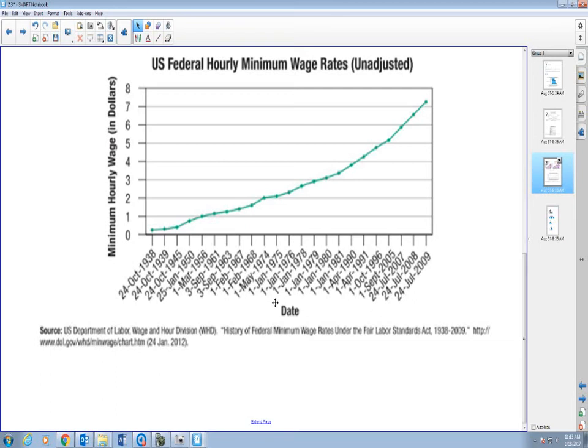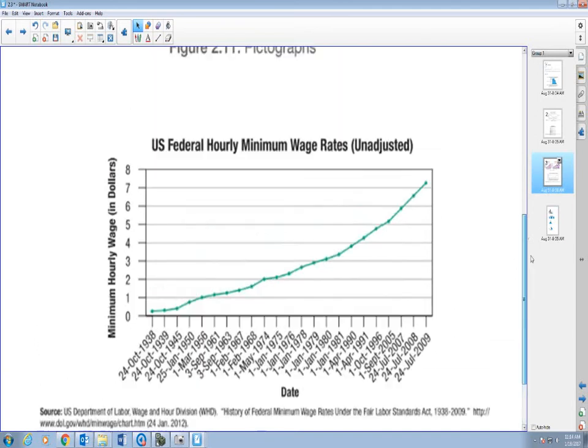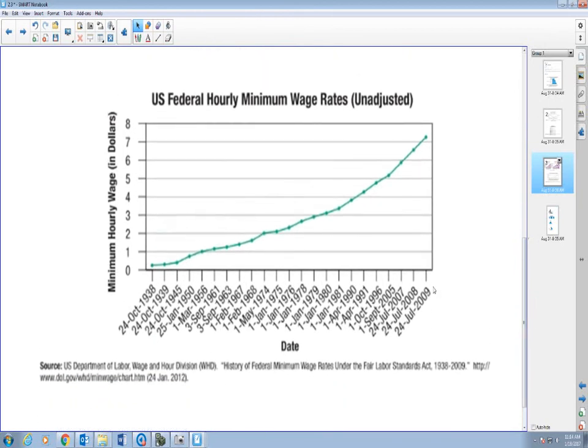Then the dates start to change as well. So the inconsistency of my labeling here on the x-axis doesn't throw the numbers off, it just throws your perception off of what the graph is trying to show. Alright, inconsistent. You've got to be very, very careful about the graphs, the display of data that you're looking at.